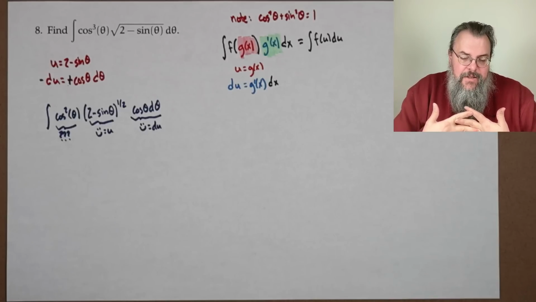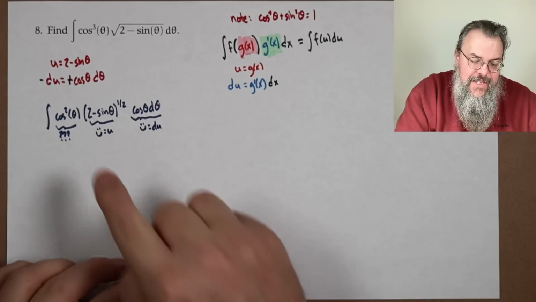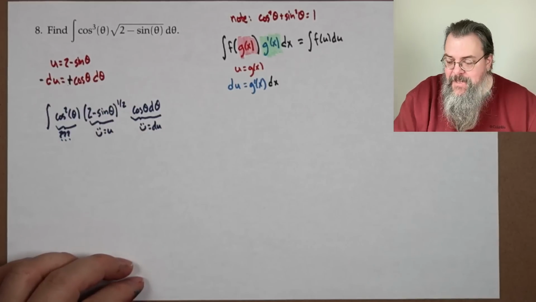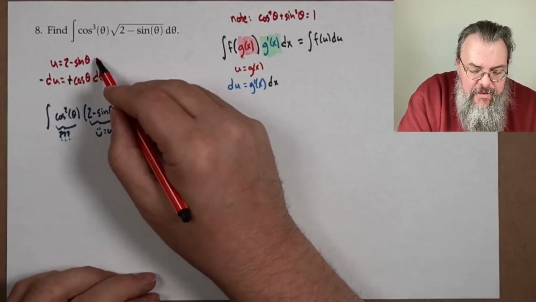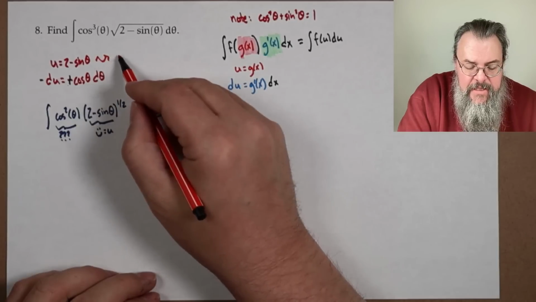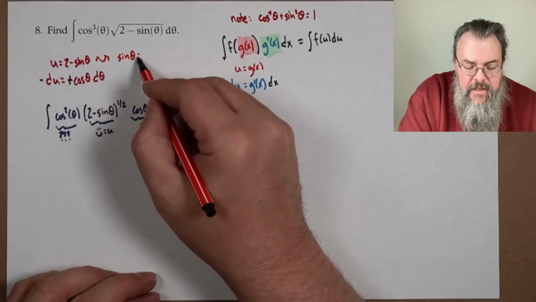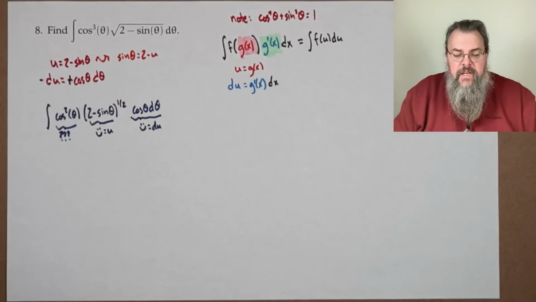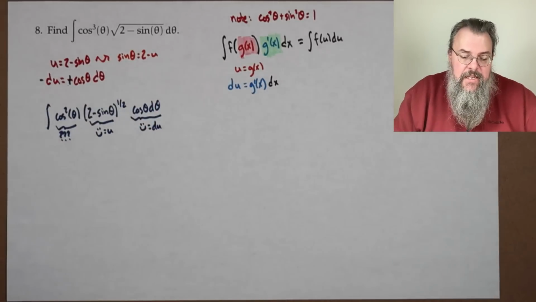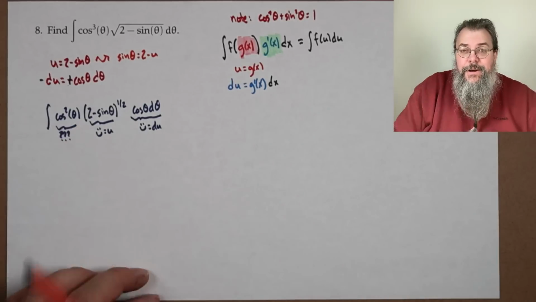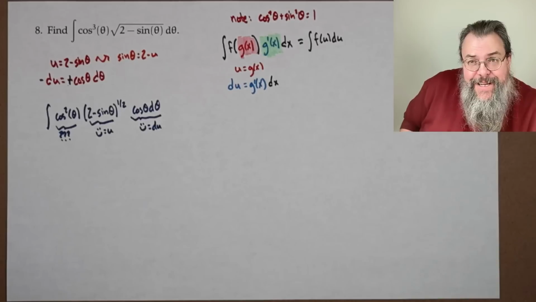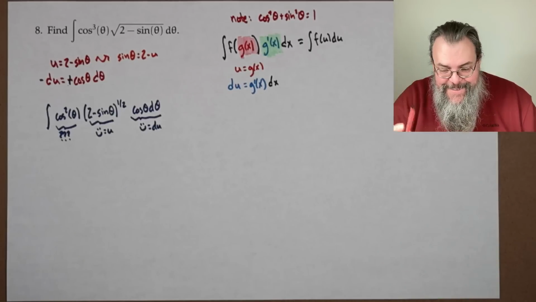We start saying, well, basically our u looks like our sine. In fact, we can note this: we can say that sine of theta is 2 minus u. And that would be great if these were sines, not cosines. Now is when we reach into our pocket and say, oh, but hold on a second.